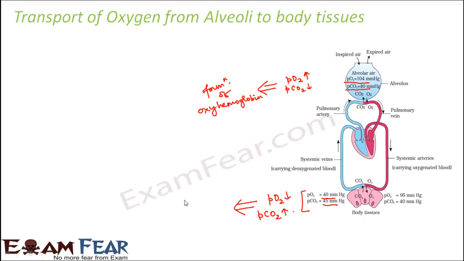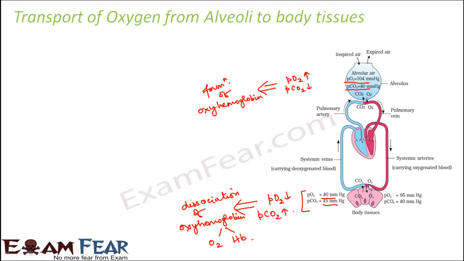These conditions favor dissociation of oxyhemoglobin. When it reaches the tissues, the oxyhemoglobin gets dissociated to form oxygen and hemoglobin. Hemoglobin stays in the blood, but the oxygen is released into the tissues.